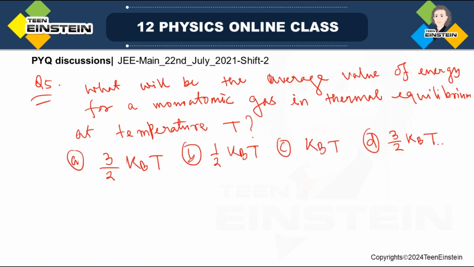Okay. So how to find out the answer to this question? The average energy means somewhat the internal energy of a gas. So what is that formula of internal energy?